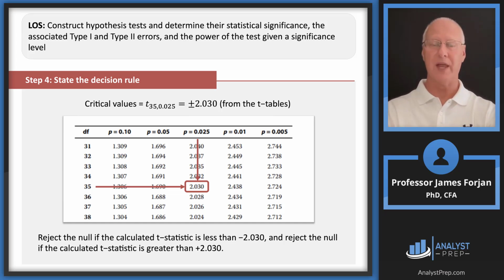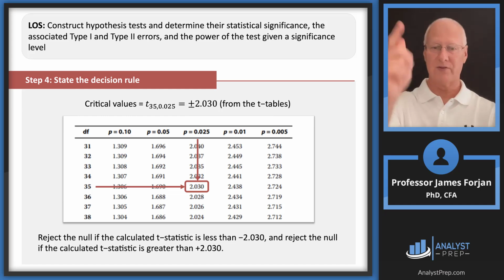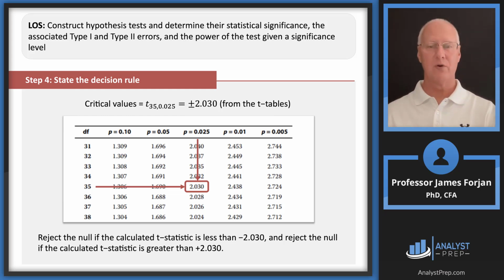We were told it was 5%. So you might be tempted to run your finger down the 0.05 and come up with a 1.6. But wait a minute, it's a two-tailed test. So you have to chop the 5% in half, throw 2.5% on the left, 2.5% on the right. So there's our critical value of 2.03.